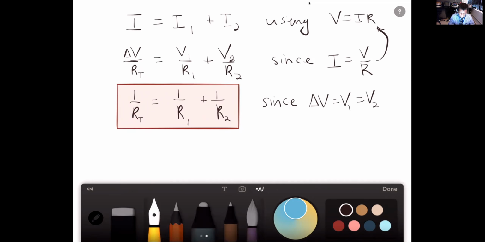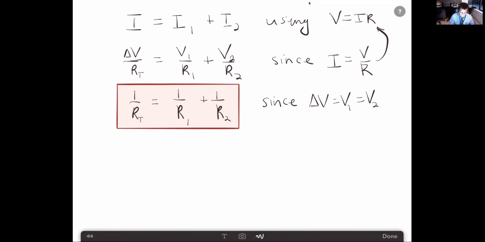We can have a whole bunch of resistors in parallel. Dot, dot, dot.